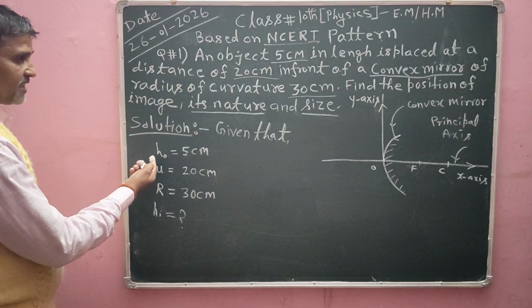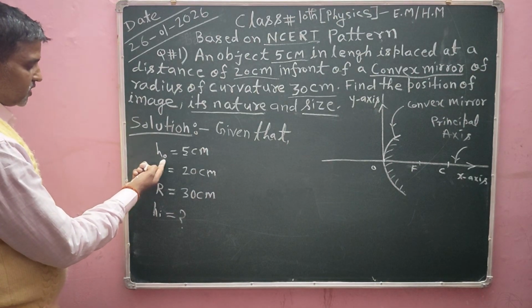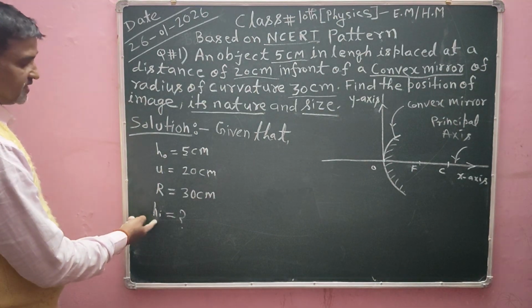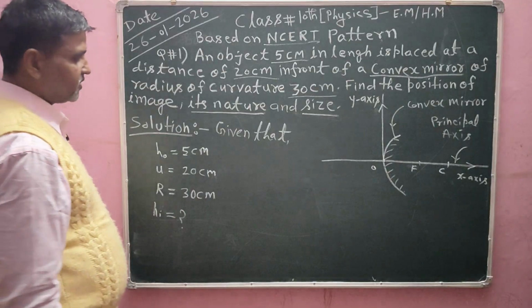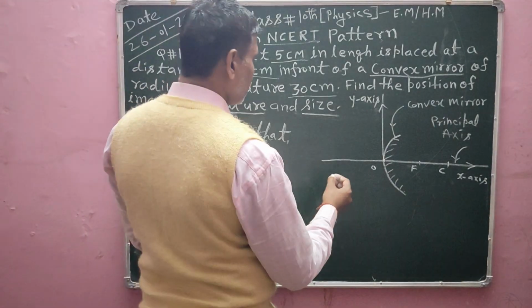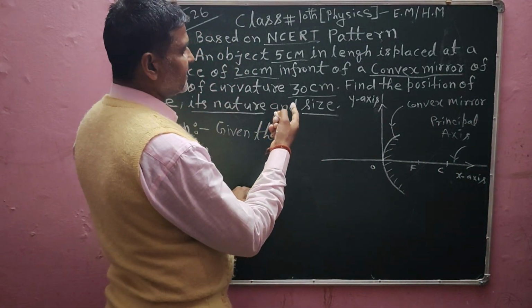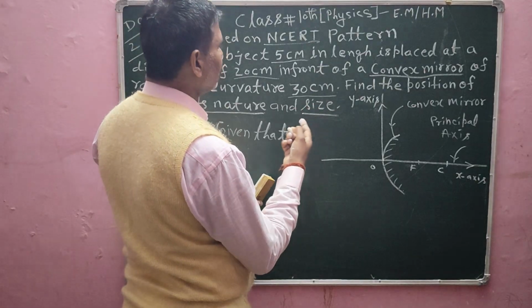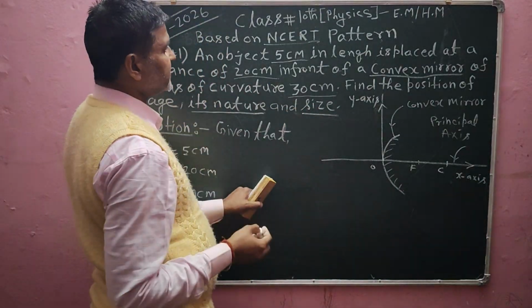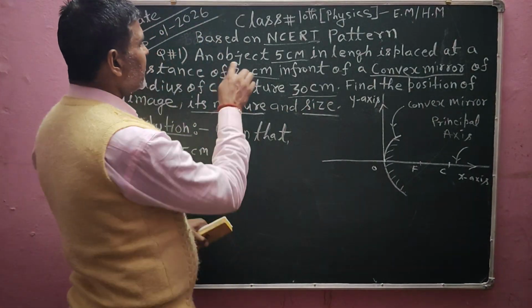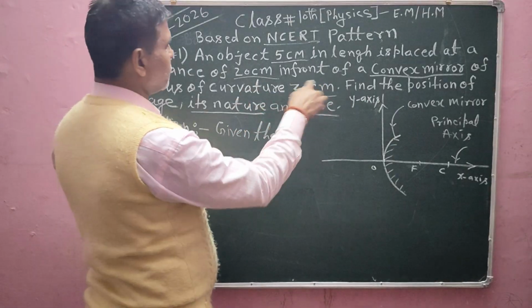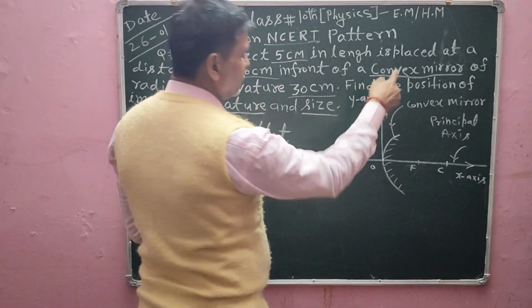Here I have to write the parameters HO, HI. All these are the parameters. So here I have placed the object 20 meter from the convex mirror.